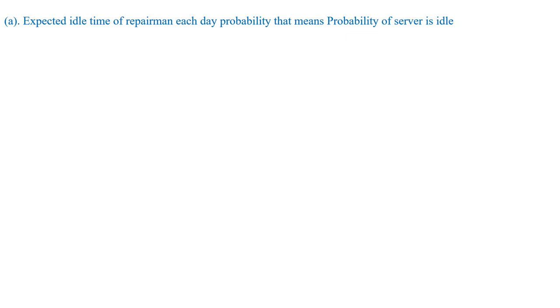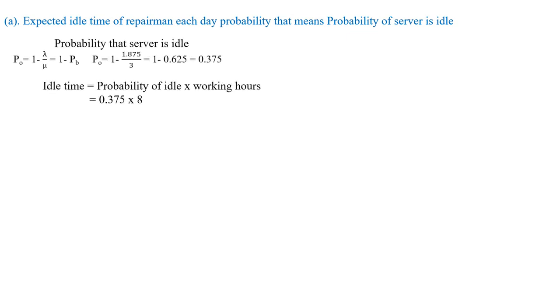We know the probability that the server is idle, the formula P naught. P naught is the probability that the server is idle. Here we have to determine the idle time, but we know only the probability of being idle. So P naught equals 1 minus lambda by mu.